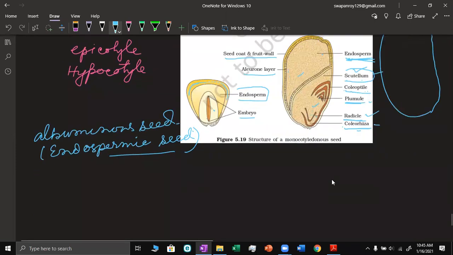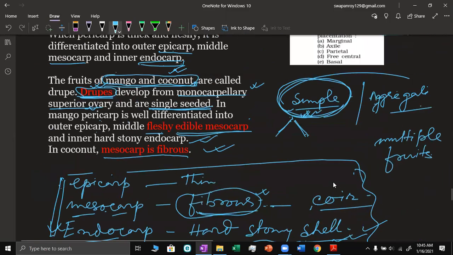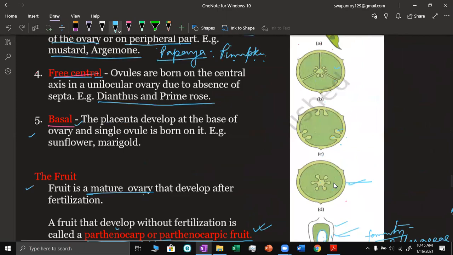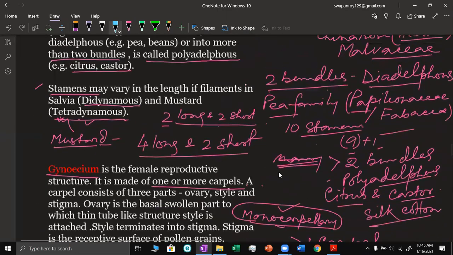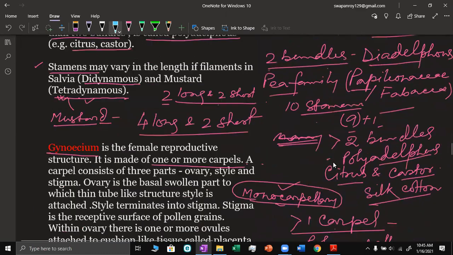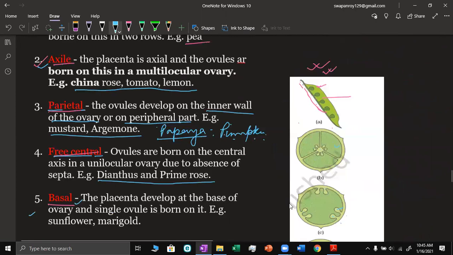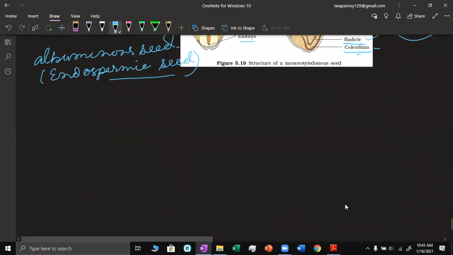Okay, so these are the structures, and all these characters will come for the multiple choice questions. Now, still some time is there, so we have to practice some of the questions. Let's see.